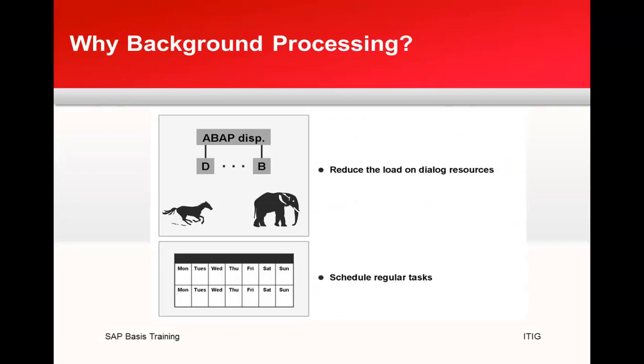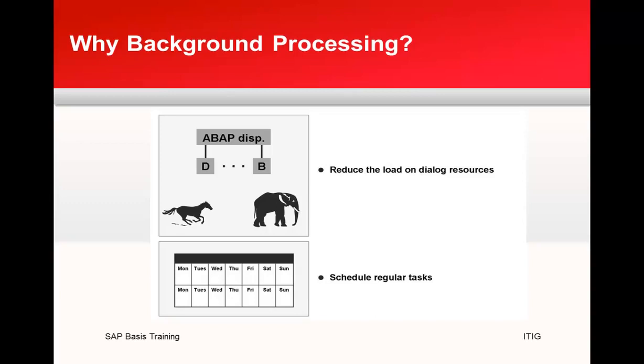In this figure you can see that background jobs are like an elephant that can do heavy lifting, but dialog processes are like horses. They do faster processing. Second, we can schedule background jobs at periodic or regular intervals as well.